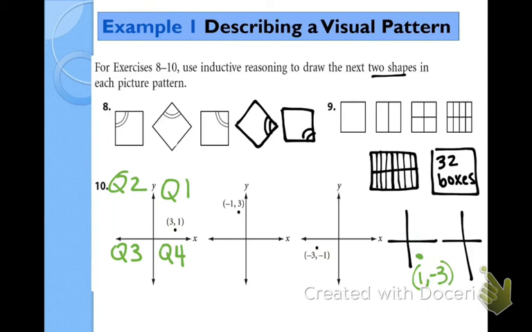So remember the quadrants. That's why this one is positive, positive. This one is negative, positive. This one is negative, negative. And this one will be positive, negative. So the last one will be in the first quadrant, and then my numbers will flip again. So 3, 1, which really means we start all over.